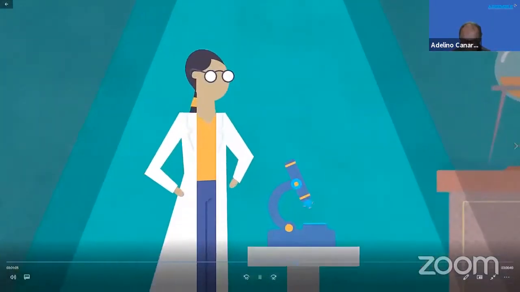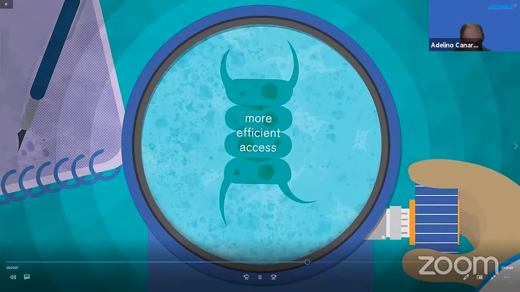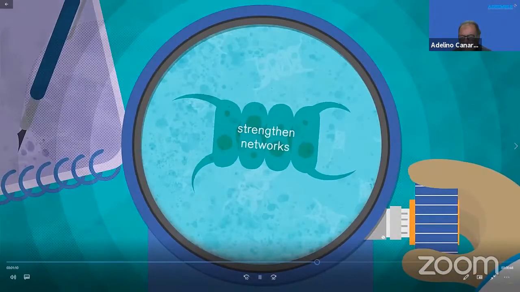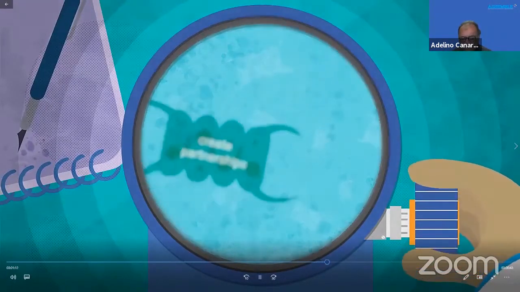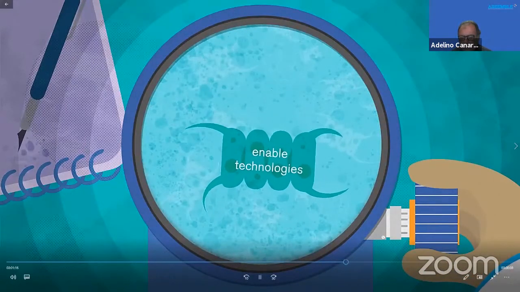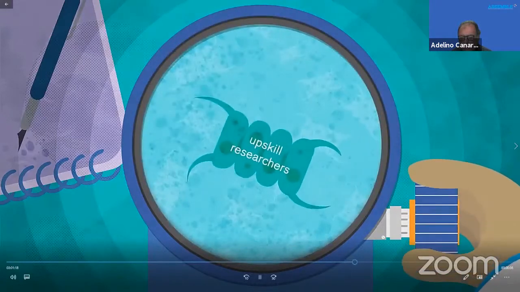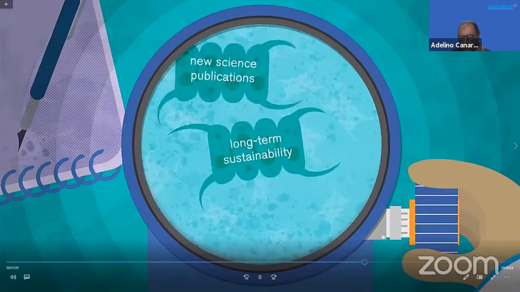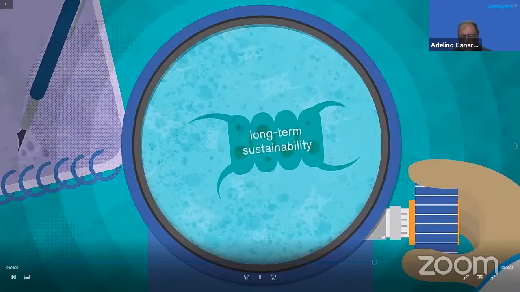Over the course of the project, as well as providing access, Assemble Plus aims to strengthen transnational and multidisciplinary networks, create public-private partnerships, enable new technologies and services, upskill researchers, and improve the long-term sustainability of Europe's marine biological stations.